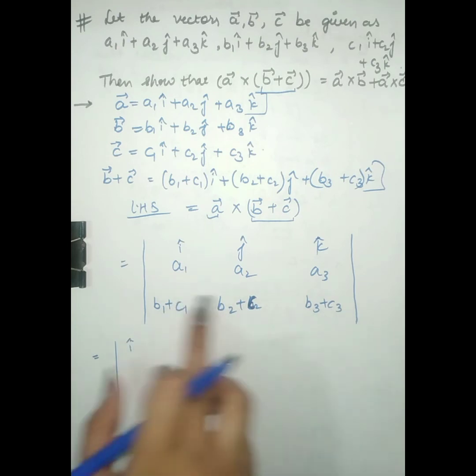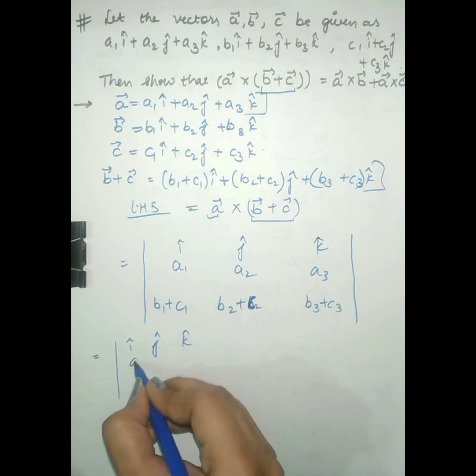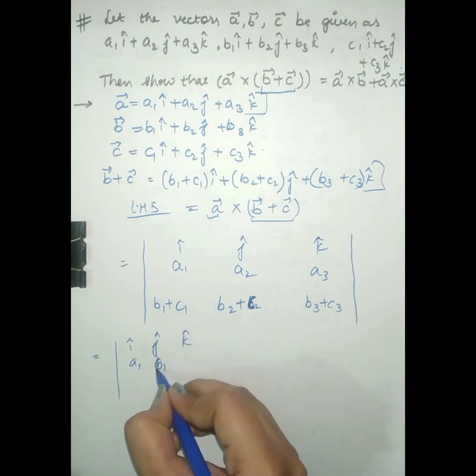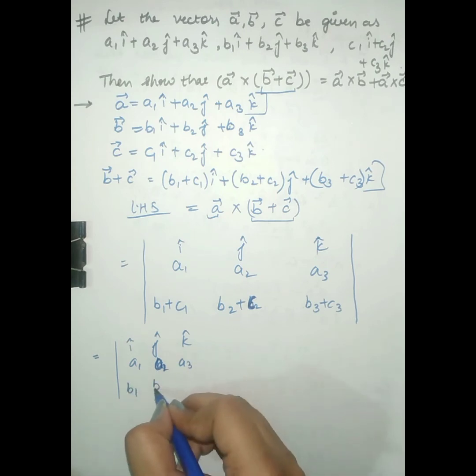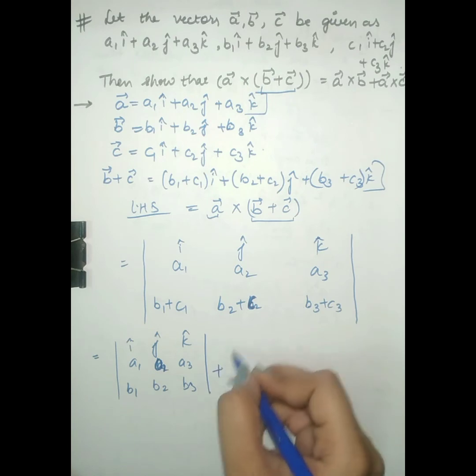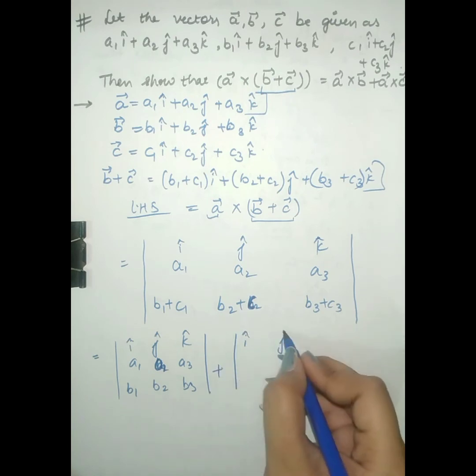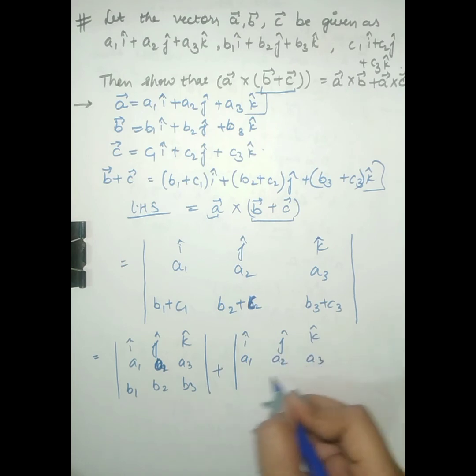By solving these, we get this, which can also be written as determinant of I cap, j cap, k cap, A1, A2, A3, B1, B2, B3 plus determinant of I cap, j cap, k cap, A1, A2, A3, C1, C2, C3.